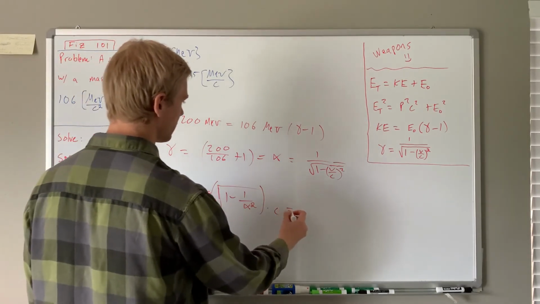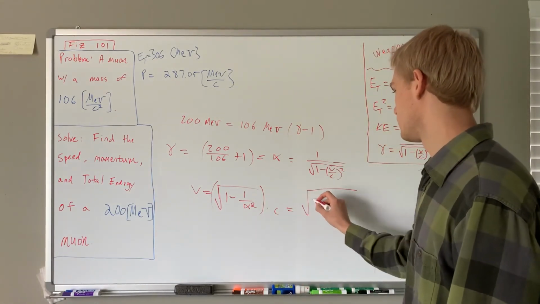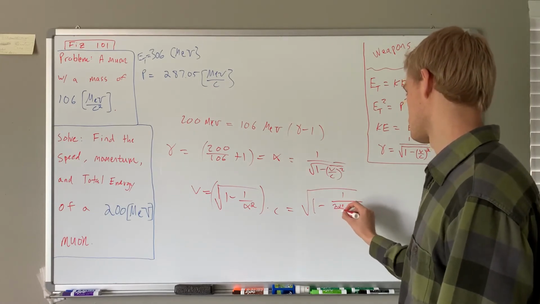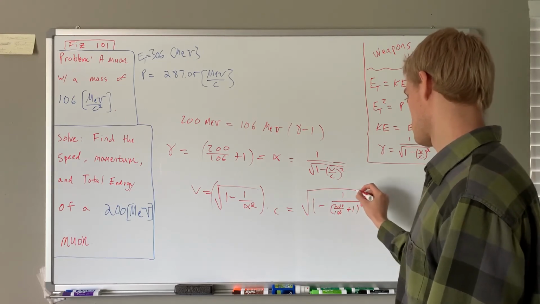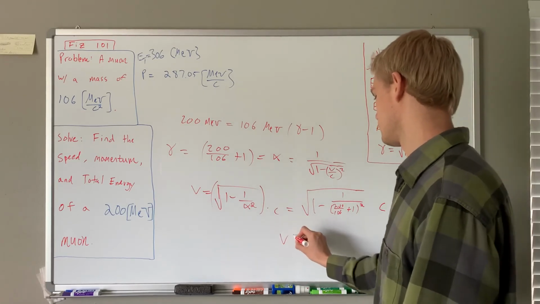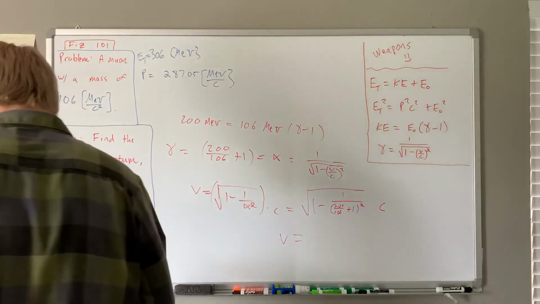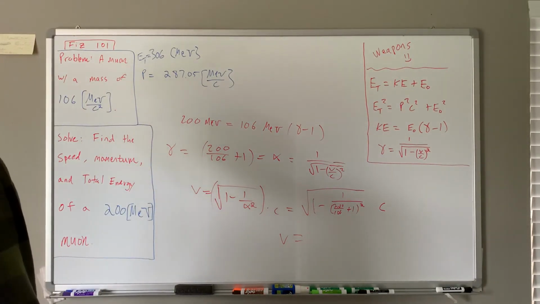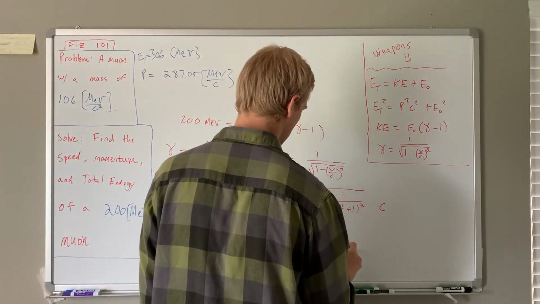So your v becomes, well, if you plug in all the numbers, the square root of 1 minus that whole thing times c. So it's a number times c, which is what you usually want for v. And I believe I wrote it down because it's annoying to remember. So you get something like this.